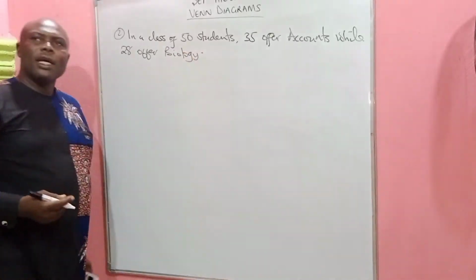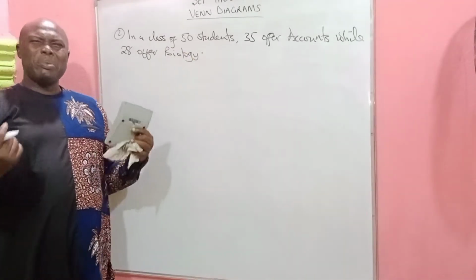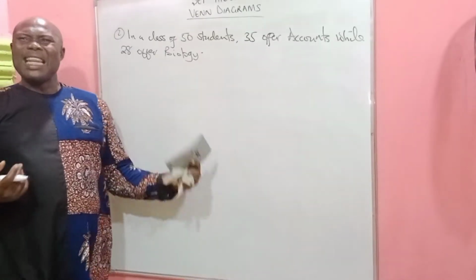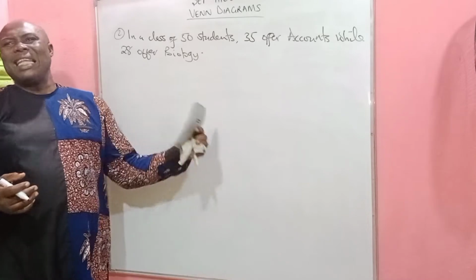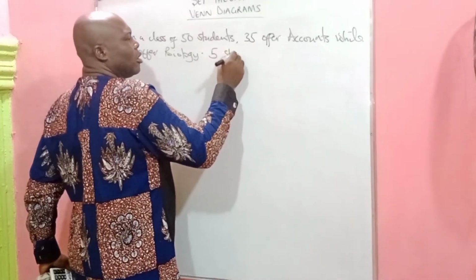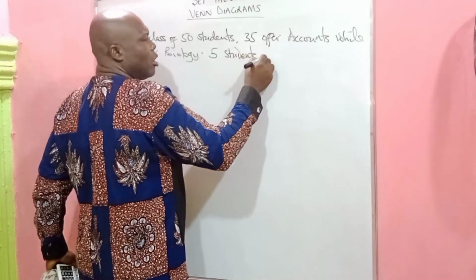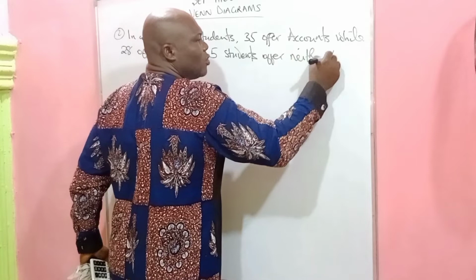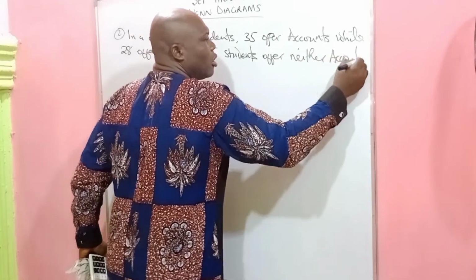All right. Then you might be told that maybe 5 of them offer neither of the two. Maybe 5 students offer neither accounts nor biology.